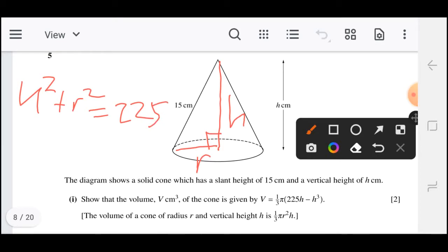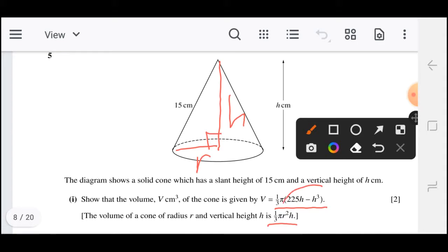Let's remember that. Now we go back to the formula of volume. It's 1/3 pi r squared h, and that's what we're going to make use of. If we compare this with that, we will notice that r squared has been replaced by that there.